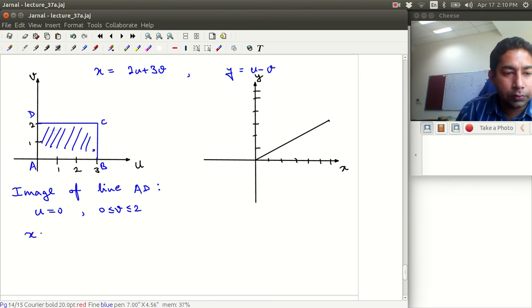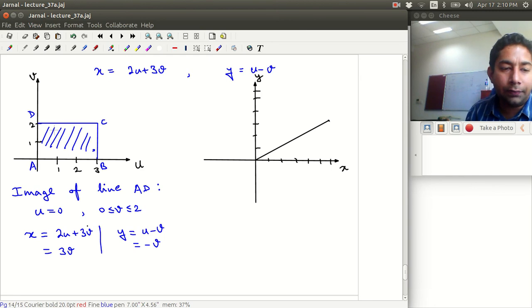Now x was 2u plus 3v, but now u is 0, so x becomes 3v. And similarly, y was u minus v, but u is equal to 0, so it becomes minus v. So now here we have a parameterization: x is equal to 3v and y is equal to minus v, and v is going from 0 to 2.